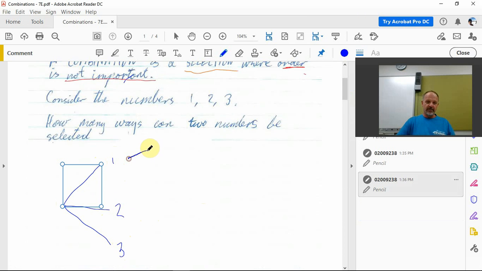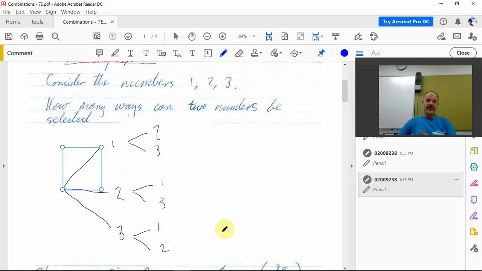The next time you select, and we're not repeating again, we could select the number 2 or 3, and here we could select the number 1 or 3, and here we can select the number 1 or 2. So what we can select the second time depends on what we've already selected.